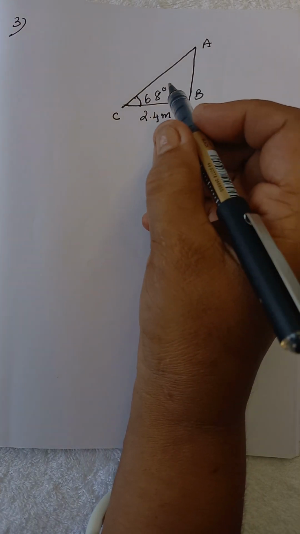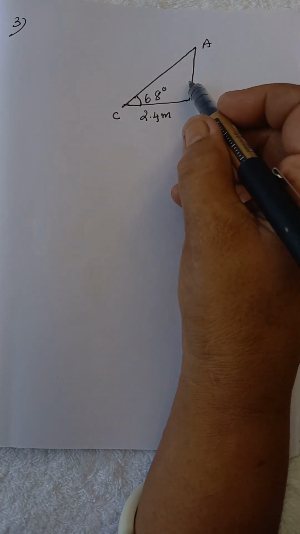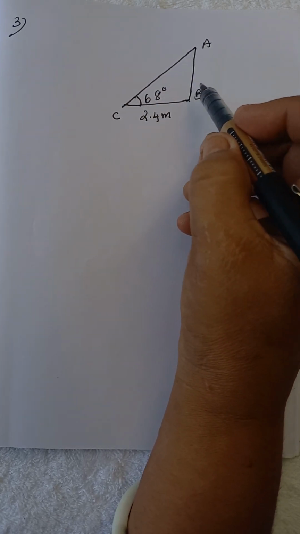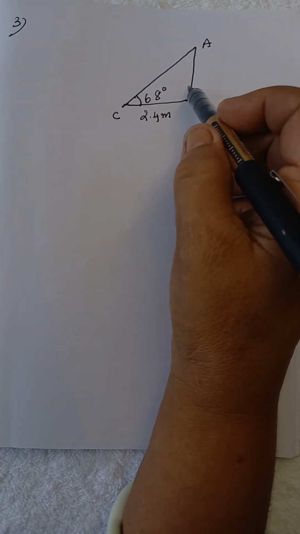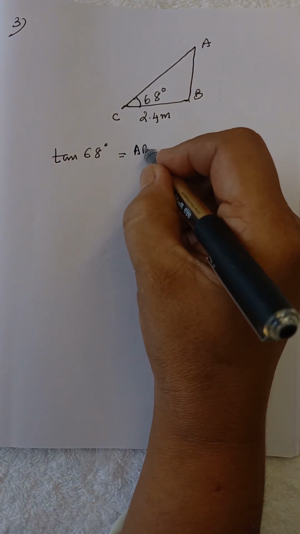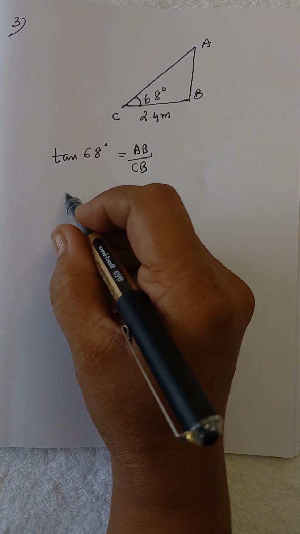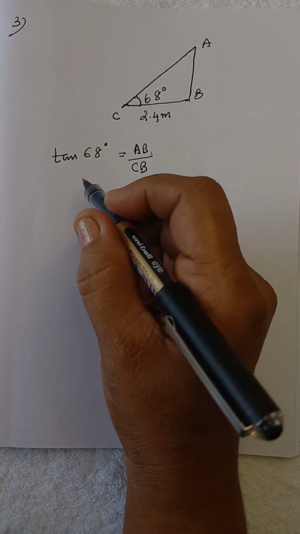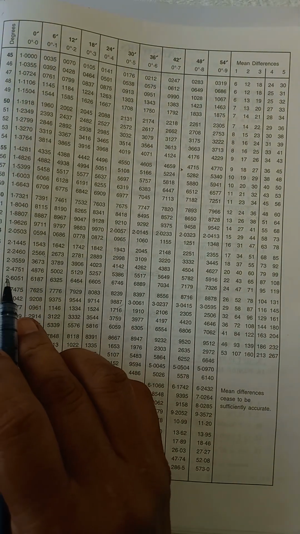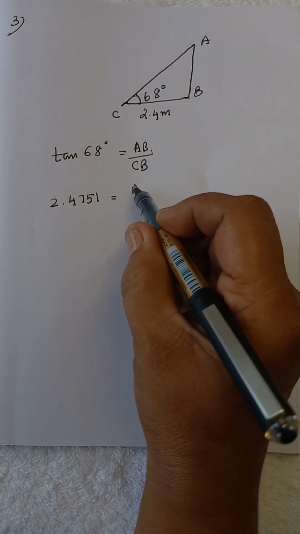Then what do we have to find out? We have to find out the height up to which the ladder rests. So what is that height? AB, that we want to find out. So what is tan 68 degree? That is opposite side AB by CB. Tan 68 we can find out from the text. Tan 68 is 2.4751. So 2.4751 is equal to AB by CB.